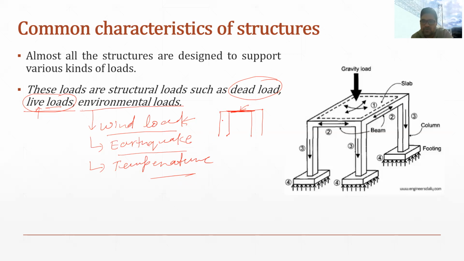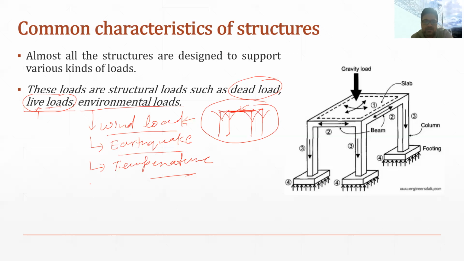In that case, it will push on this body to move away. Similarly, when there is a low temperature, this member will try to contract, and in that case it will pull the bodies in this direction. So the temperature effect is again considered under the category of environmental load.